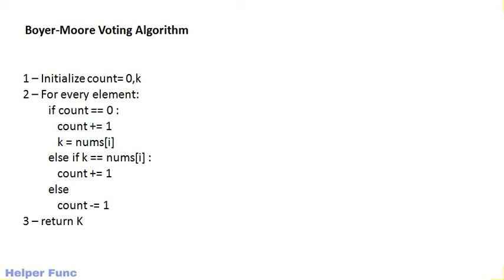Else if the number is k, that is, it is the same as the candidate majority element, then we will increment our count by 1. Otherwise, we will decrement our count by 1. So after the end of this loop, k will automatically represent the majority element, and thus we will return k as our answer.